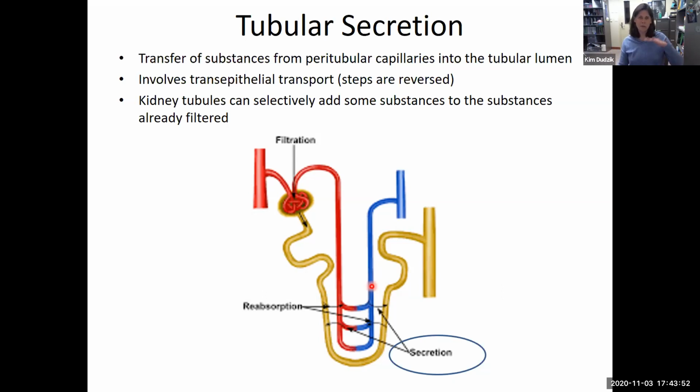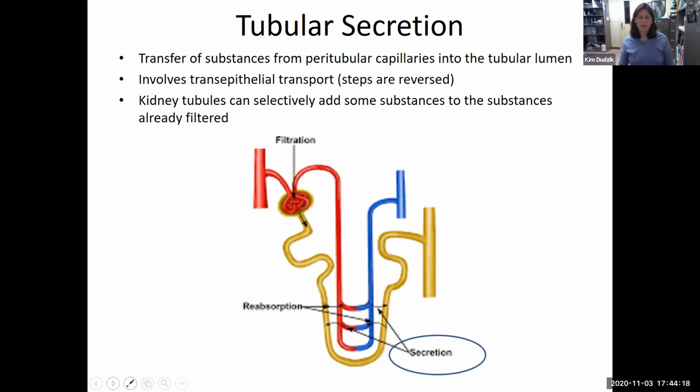Remember, we want to keep blood potassium low because especially in our neurons, when we open a channel, we want potassium to move out. So this also helps to maintain a gradient to keep it low outside of the cell. So if we didn't filter enough here, we have a chance to secrete it, to take it out of the blood and put it into the nephron. And that happens at the distal tubule as well.